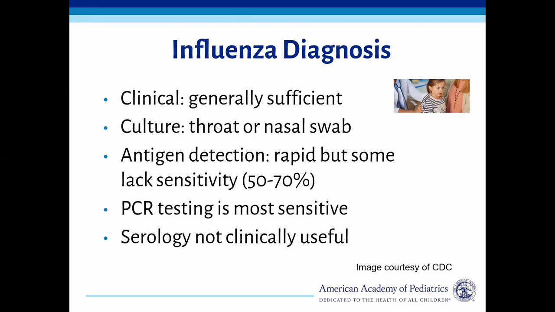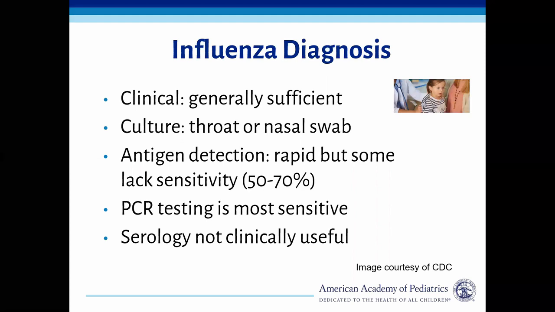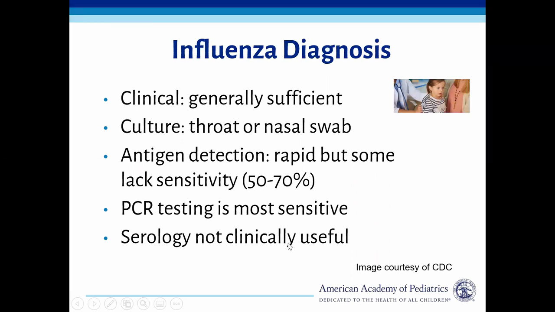Usually we go to antigen detection or PCR testing. Antigen detection is rapid, but it's not nearly as sensitive as the PCR testing. So rapid antigen detection can be as insensitive as only 50%. PCR testing is 90 to 95% sensitive. And serology here for influenza is not really useful because it takes you 2 weeks after the patient's already recovered to show that they had the disease.